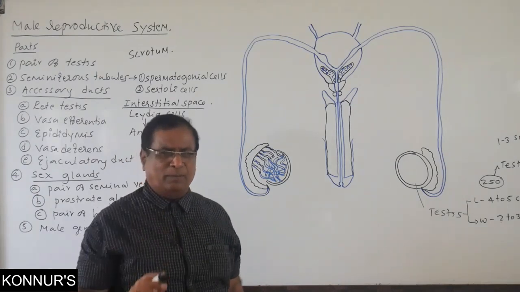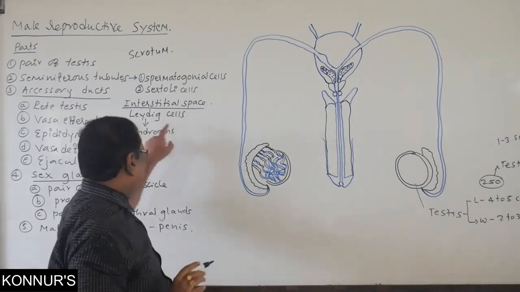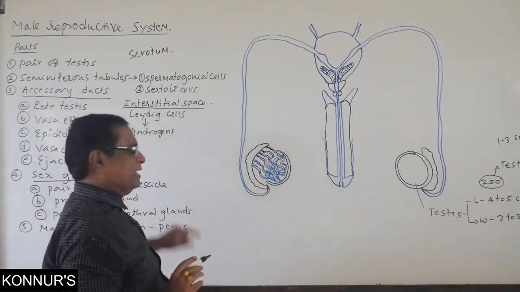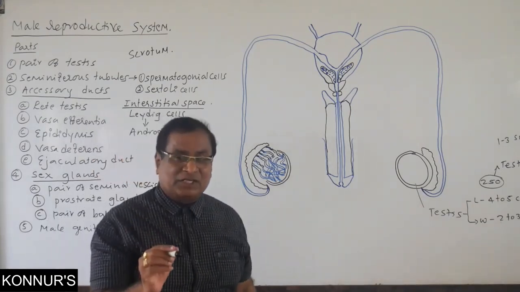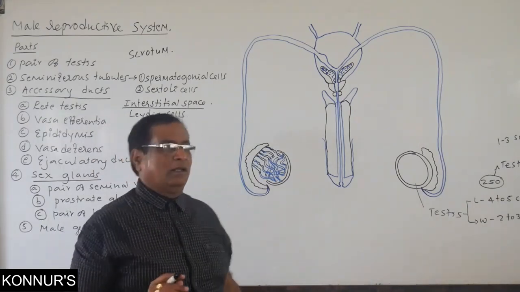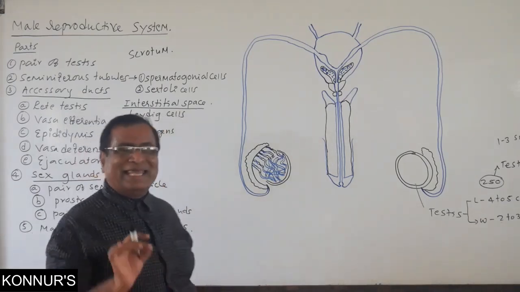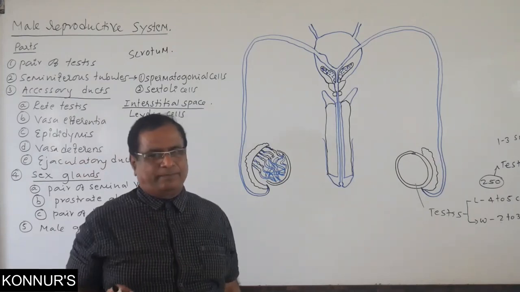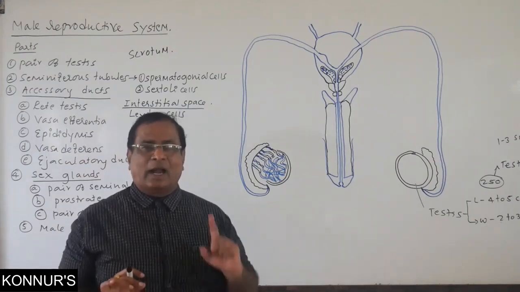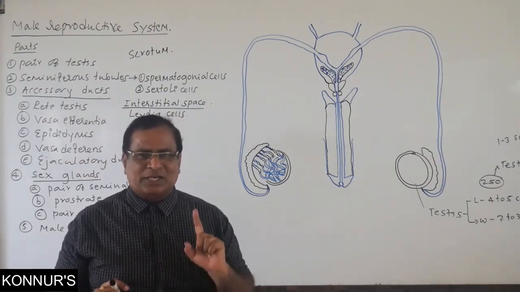They are produced by Leydig cells. As Leydig cells are in the interstitial space, they are also named interstitial cells.